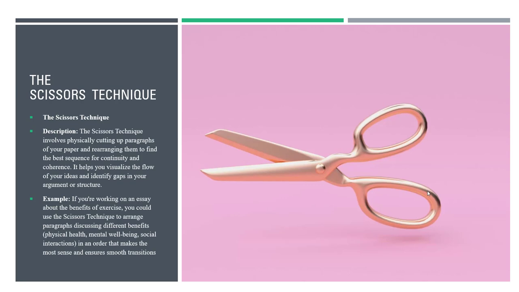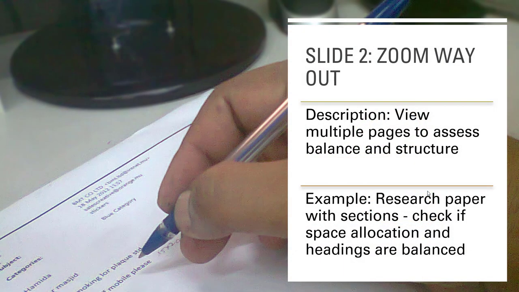The scissors technique helps you visualize the flow of your ideas and identify gaps in your argument or structure. If you're working on an essay about the benefits of exercise, you could use the scissors technique to arrange paragraphs discussing different benefits of exercise, such as physical health, mental well-being, social interactions, in an order that makes the most sense and ensures smooth transitions.